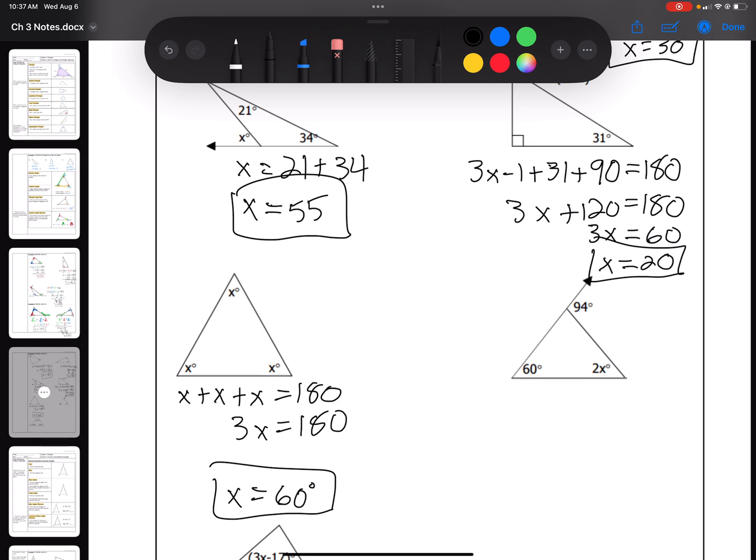Once again, I have an exterior angle problem. Now remember, the outside angle equals the sum of the other two angles. So the outside angle is 94. So remember, x doesn't always go on the outside. The outside angle goes on the outside. With this one, I'm going to start off by subtracting 60 from both sides.